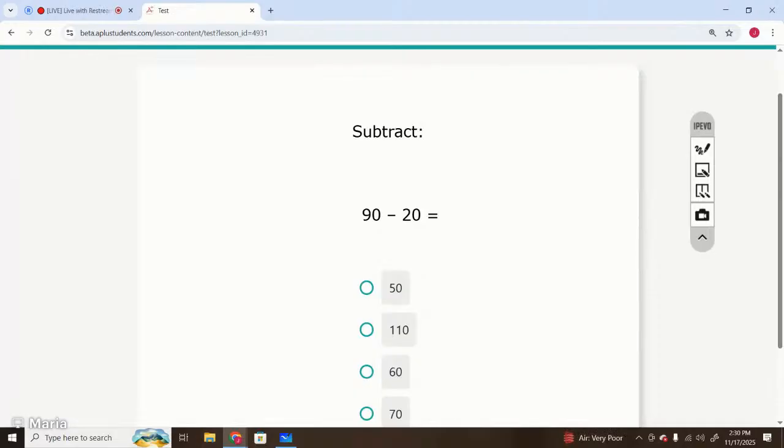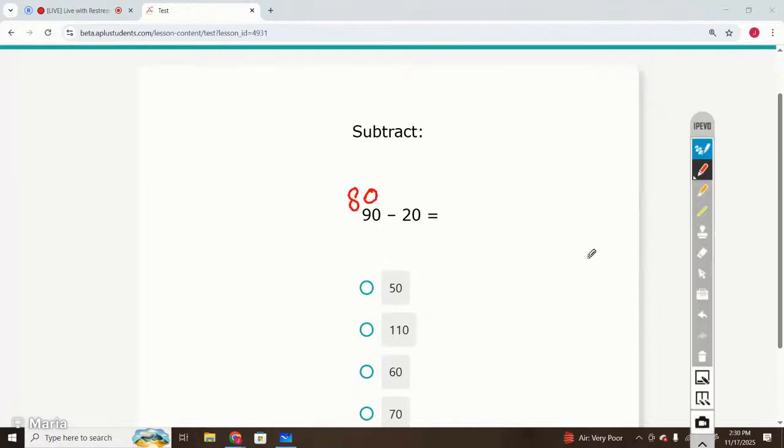90 take away 20. 90 minus 20. 0 minus 0 is 0.